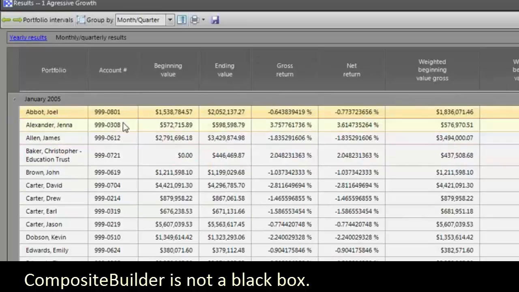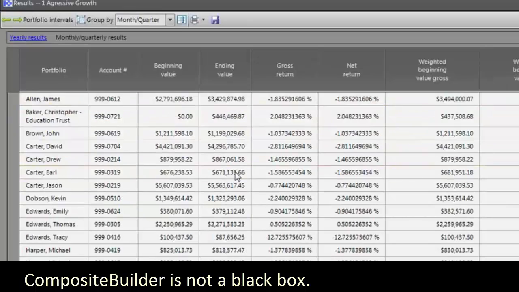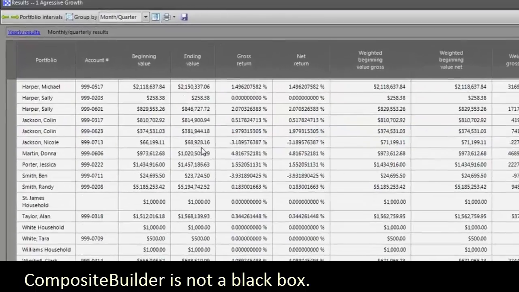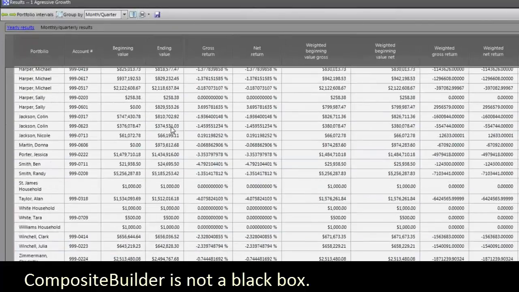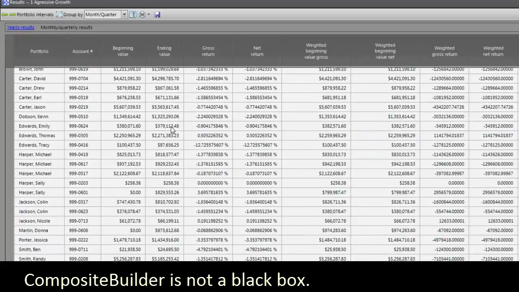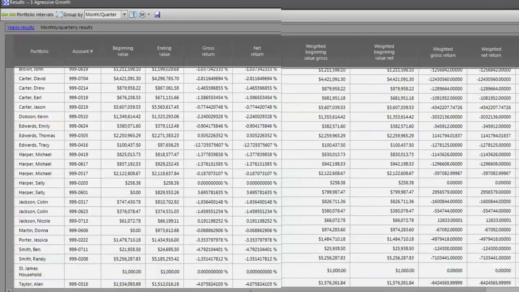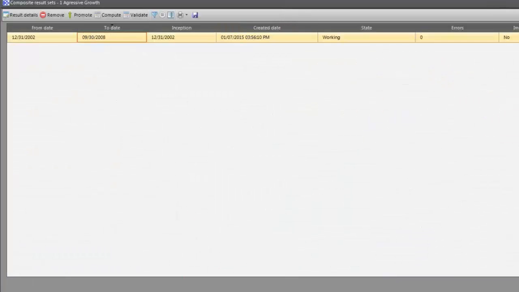But you can drill down into a year, and for each month you can see every portfolio that goes into that monthly composite return. All the details behind the composite are preserved in the results within the system.